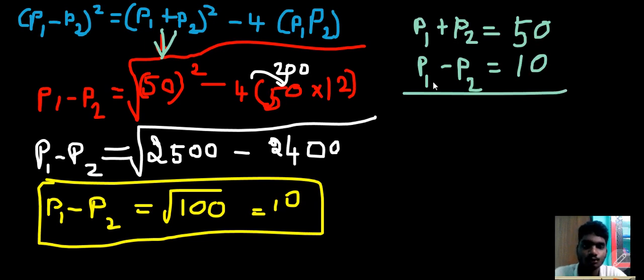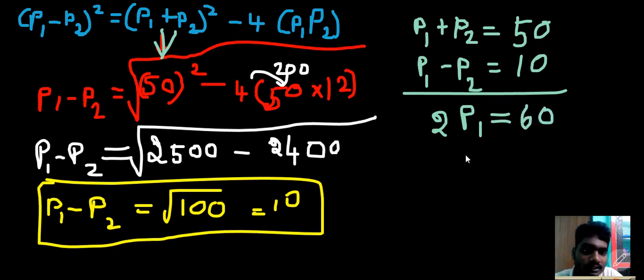By adding these two equations, 2p1, so p2 gets cancelled, is equal to 60. So p1 is equal to 30.